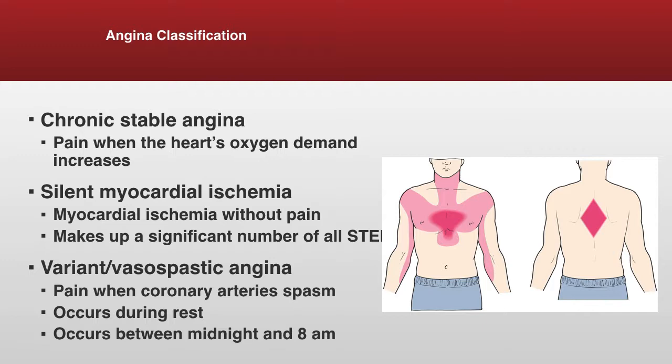It tends to occur during rest, and for some reason there's a real large correlation between it occurring between midnight and 8 a.m. So when you think about that, a lot of new graduates end up working night shifts, you're going to have a better chance of seeing patients with angina than your colleagues that are working day shift.